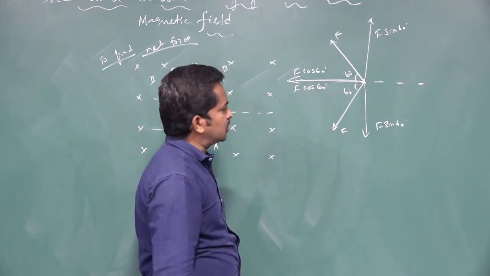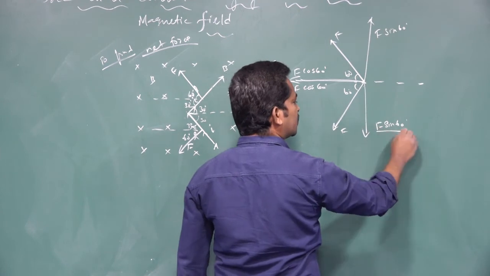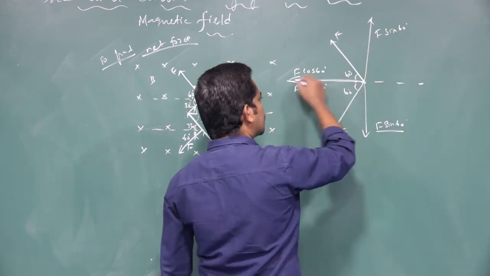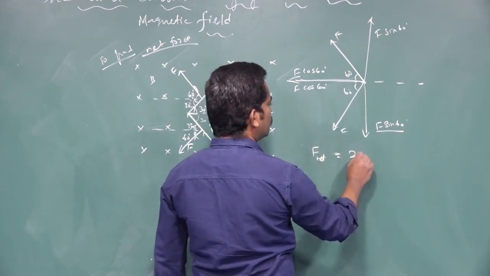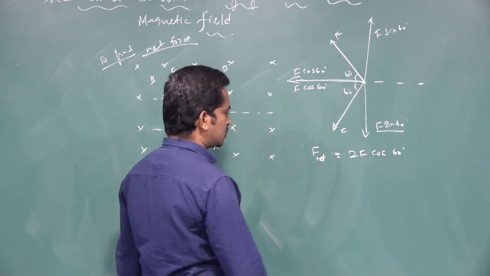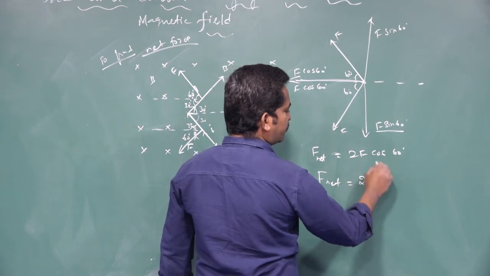These components are opposite in direction, so they are equal and opposite and cancel. The resultant force, F net, is equal to 2F cos 60 degrees.